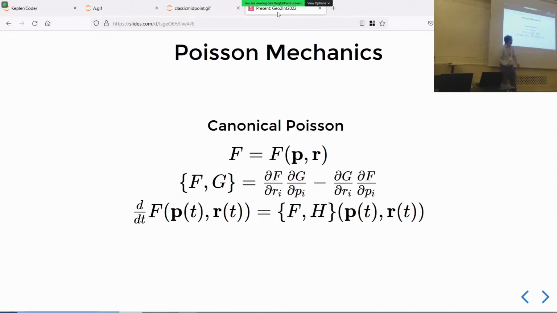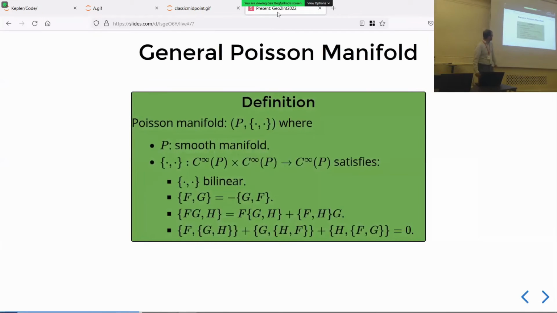It looks like this with partial derivatives, and then you say that for any function f, the derivative of f along the orbit of your system is given by this bracket. That's Poisson mechanics. You always describe the evolution of the system by how functions evaluated along the path change with time, and it's given by this bracket.